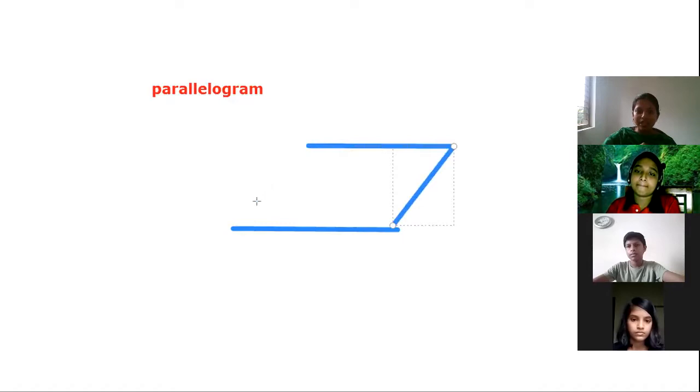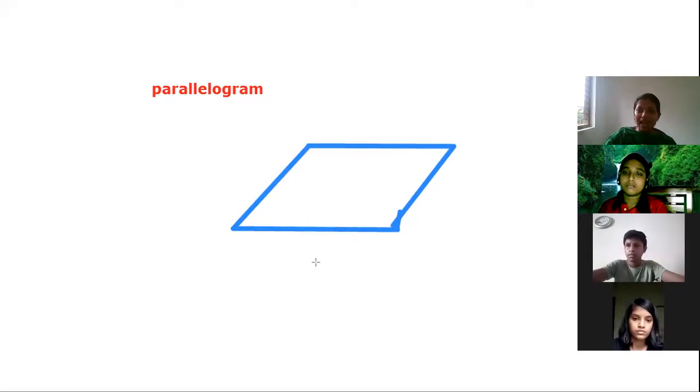That is, we have to get a quadrilateral first. This is a four-sided polygon having opposite sides equal and parallel. The opposite sides are equal and also parallel. So this is a parallelogram.